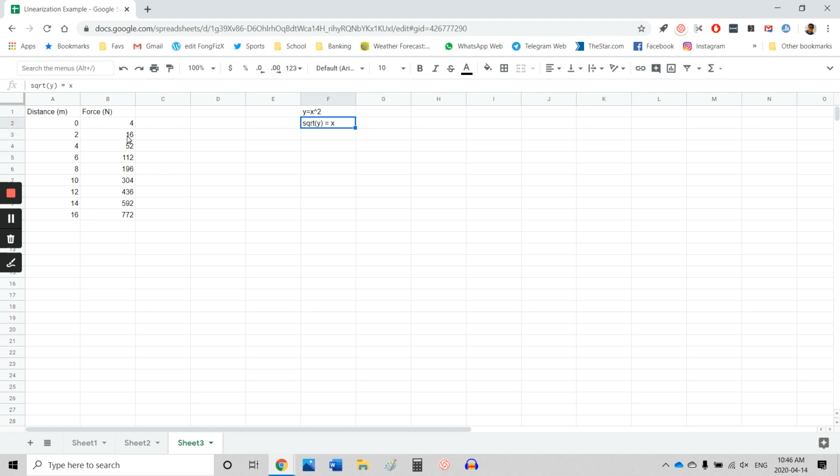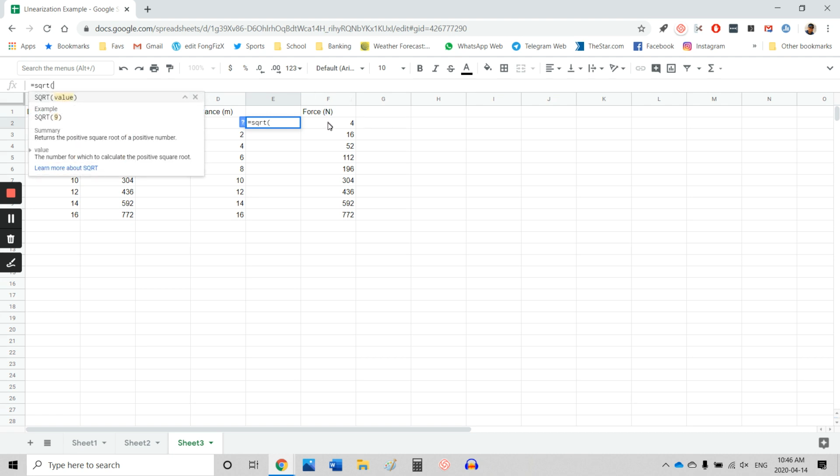Now, I'm going to, again, copy the distance column, but this time I'm going to square root the force column. So equals the square root of this number.